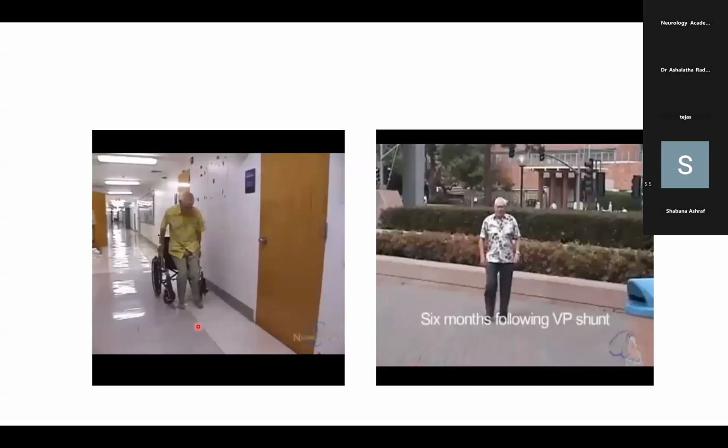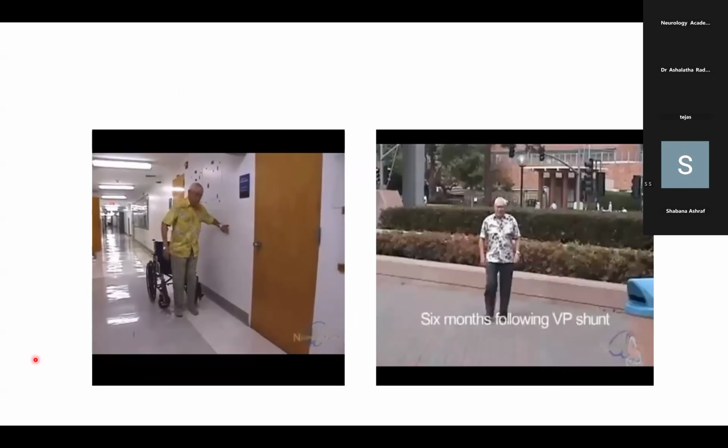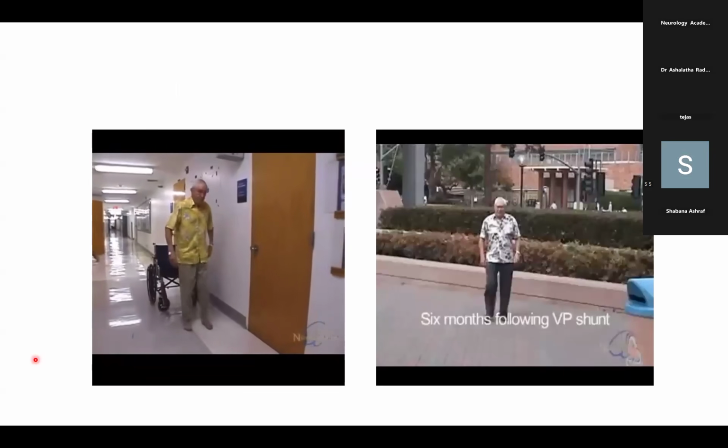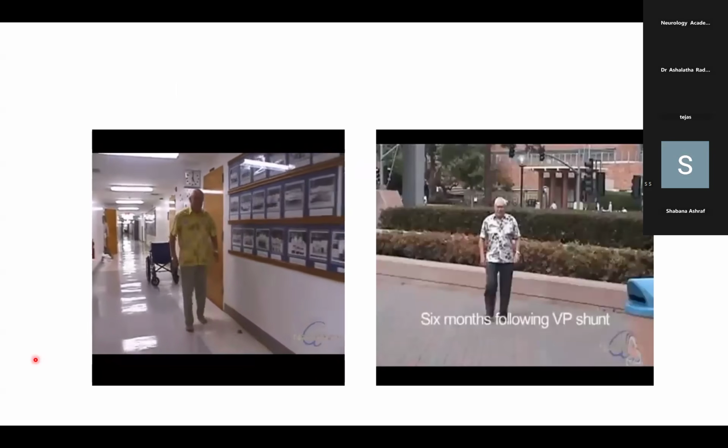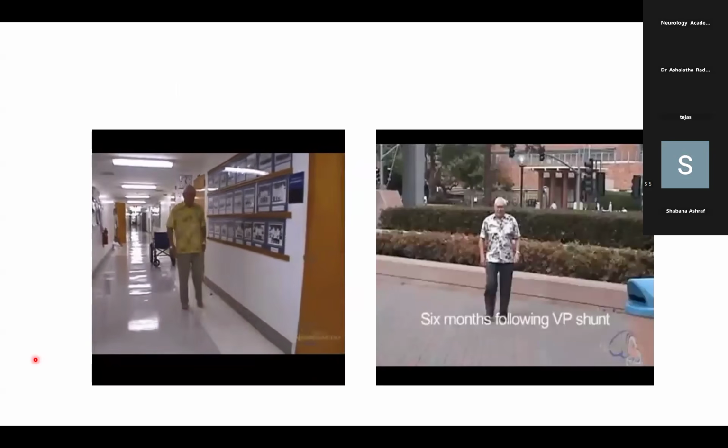Now, coming to the patient which we saw earlier, I would like to again show the previous gait, in which he was having decreased step length, decreased step height, and magnetic gait with gait apraxia.